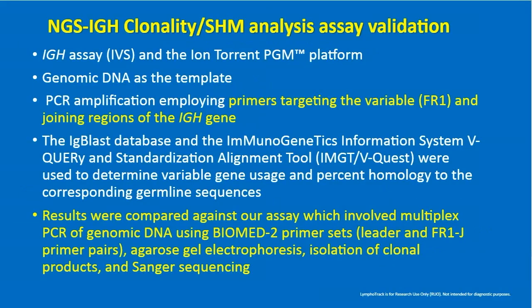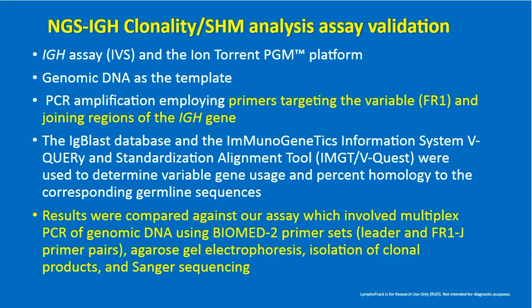So what we decided to do was use the IGH assay we have been using for B-cell clonality testing with FR1 and FR3 primers. We also do IG kappa simultaneously, so we can maximize picking up B-cell clonality. Genomic DNA is the template, and the primers allow amplifying only from FR1 and the joining region.